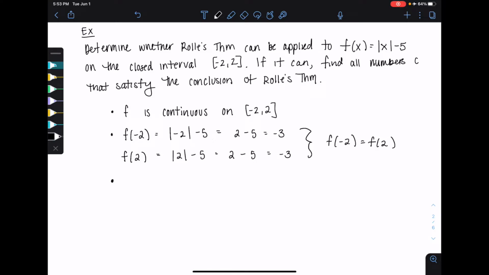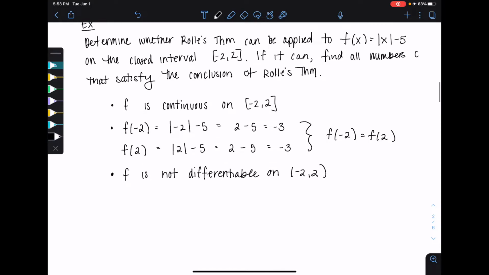But the problem lies in that f is not differentiable on the interval negative 2 to 2. So if you go to graph this, it is the absolute value function just shifted down 5. So your graph would look something like this, and you've got that sharp corner right here at 0.